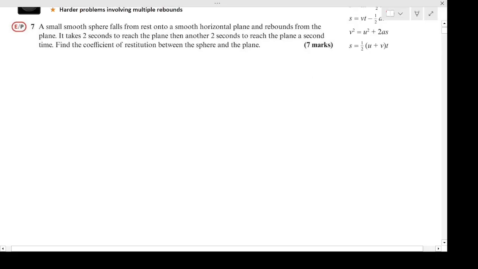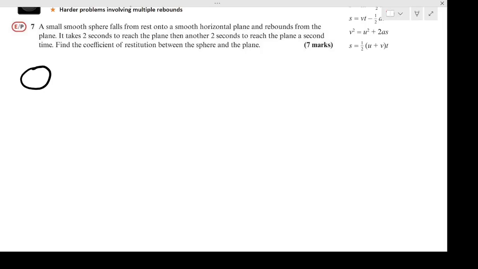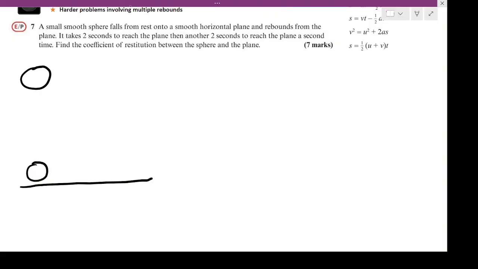Okay, so what's going on here? Again, we've got this particle that's falling towards a floor. Let's say we have the particle or the sphere here, then it's going to hit a floor down here, right? And so then it falls from rest, so initially the speed is 0. And then it's going to hit the floor with a speed of v.